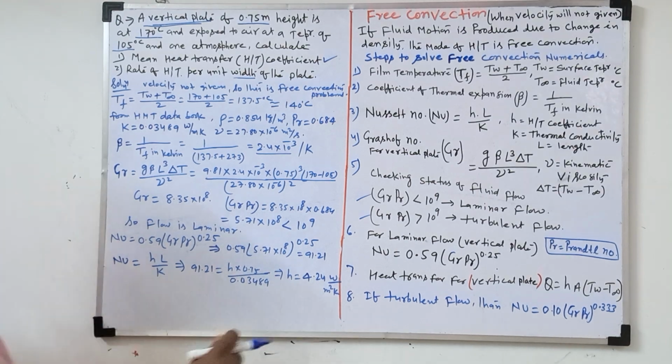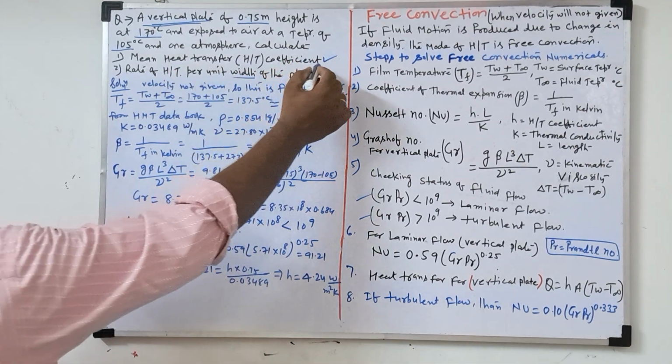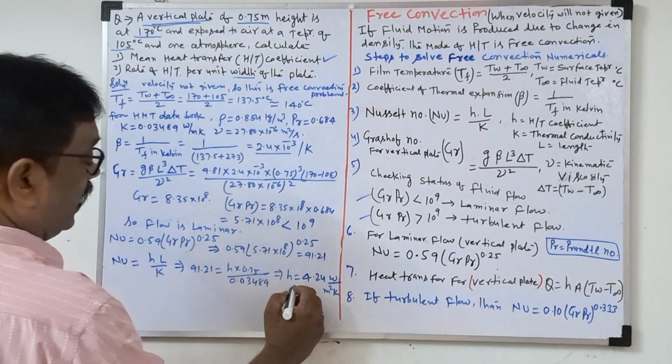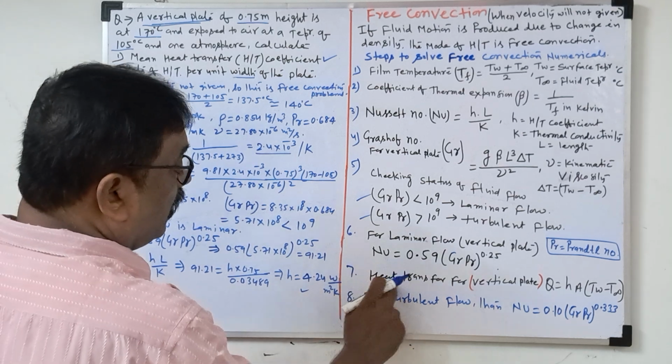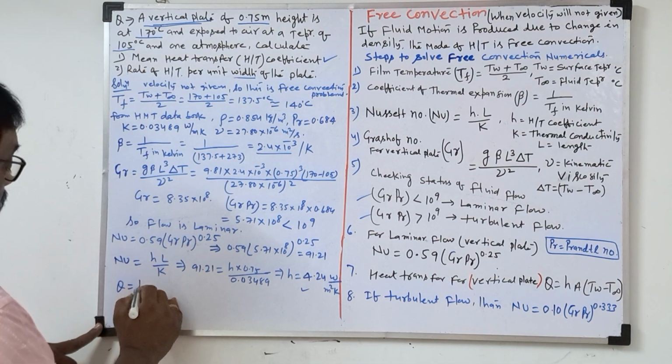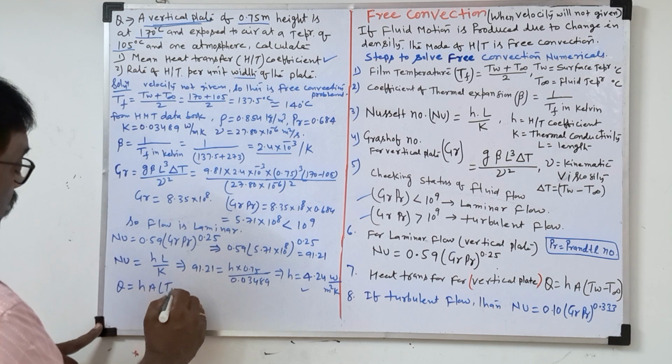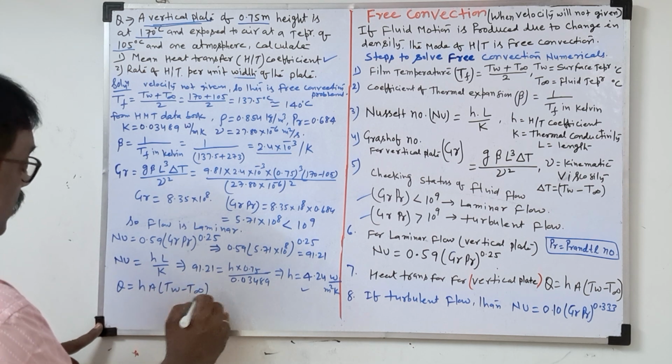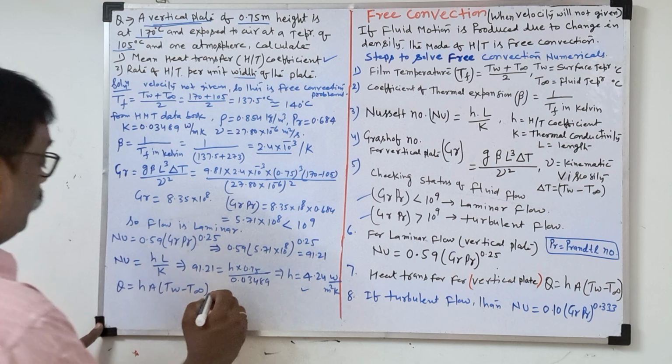Now once you know h, they are asking the mean heat transfer coefficient. So one answer is over. Now the heat transfer Q. Q is equal to h A (T_w minus T infinity), surface temperature minus fluid temperature.